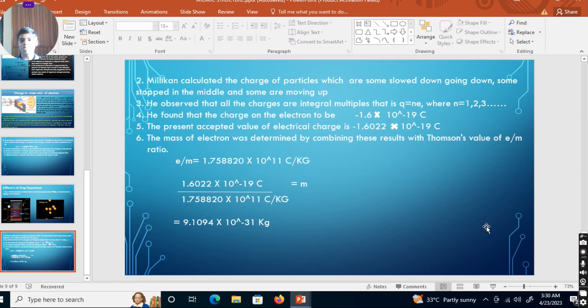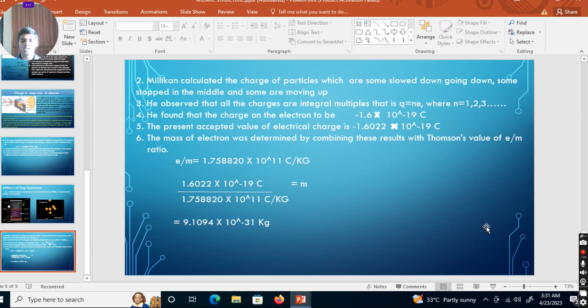He also determined the mass of the electron by combining these results with Thomson's value. We already discussed the e by m value, which is 1.758820 into 10 power 11 coulomb per kg. The coulomb is charge and kg is mass, SI unit. Or we can write coulomb kg inverse. So here, for m, the e by m value goes down, which is division, and the e value goes to the RHS.